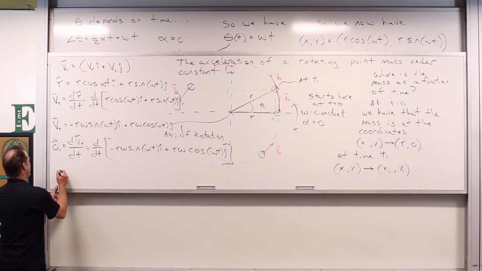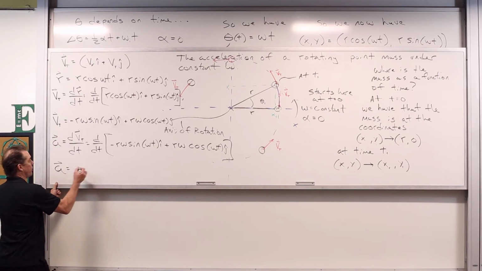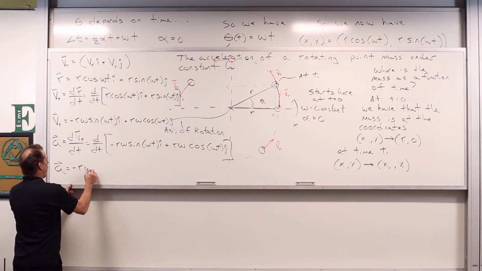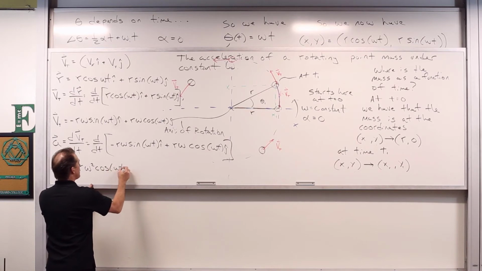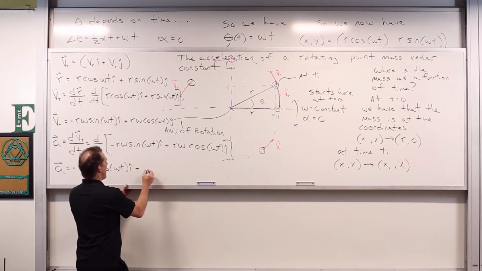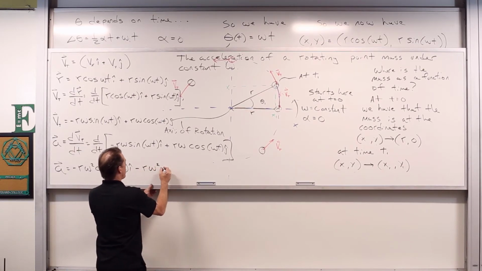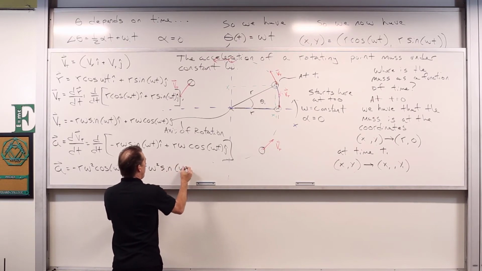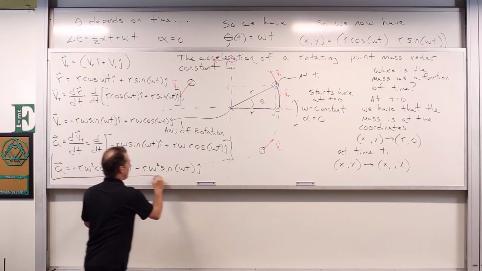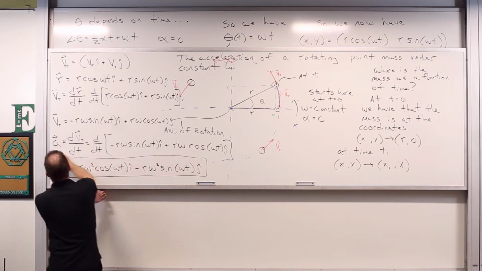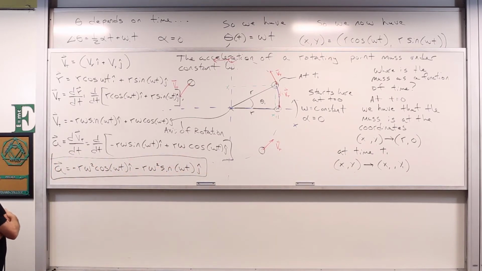And we've got that a hat is equal to negative r omega squared times the cosine of omega t i hat minus r omega squared times the sine of omega t j hat. There is the acceleration that is definitely non-zero. It's changing with respect to time.